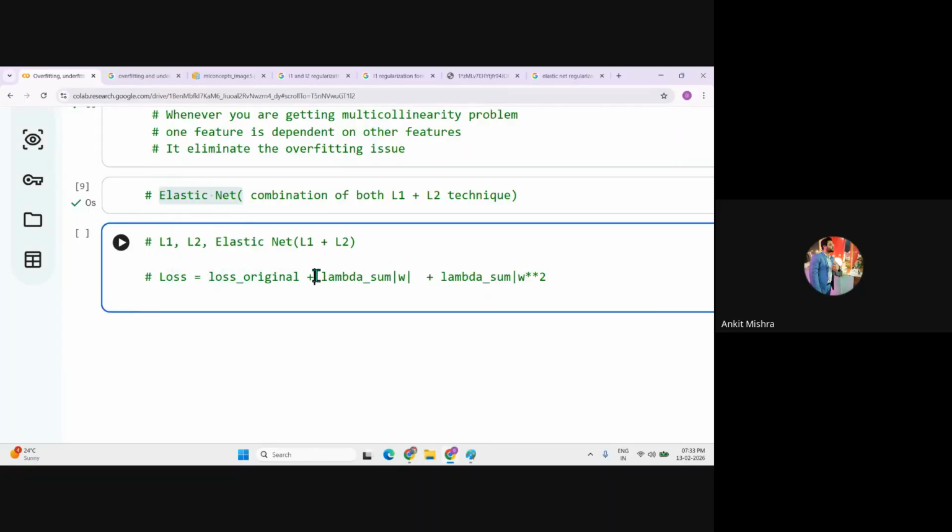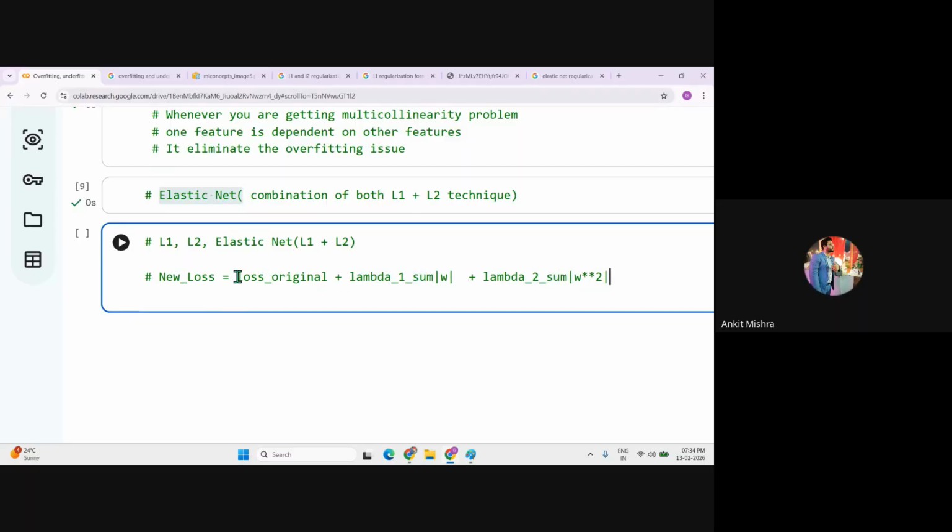Now what about this lambda? You can call it lambda of L1 or lambda of L2. So the final formula is: new loss equals the original loss plus lambda 1, the hyperparameter of the L1 technique, times the sum of all the weights assigned, plus lambda 2 of the L2 technique, times the sum of all the weights assigned with their square value.